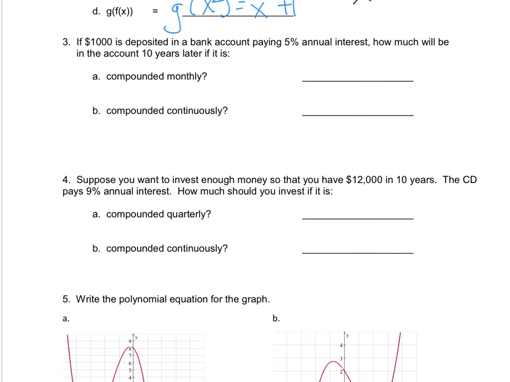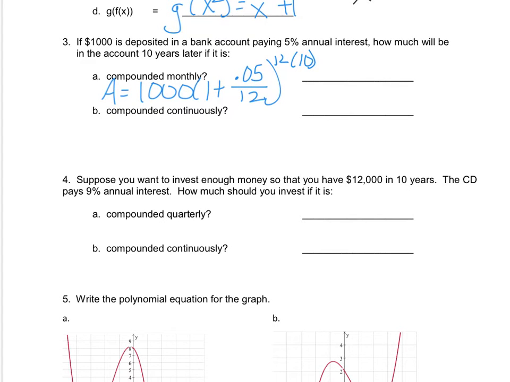Okay, so for 3, if we're going to be compounding monthly, the amount we're going to have is the initial deposit, 1 plus the interest rate as a decimal over the time period, to the time period times years. And you're going to use your calculator to simplify this.